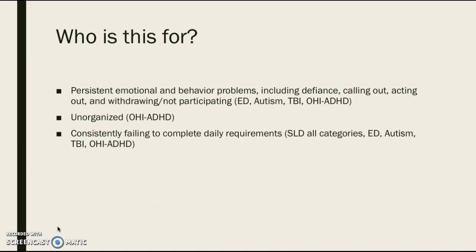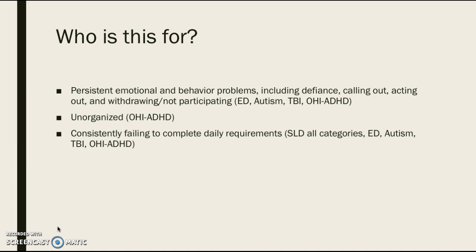Who is a daily behavior form for? A daily behavior form can be used with students with persistent emotional and behavior problems, including defiance, calling out, acting out, and withdrawing and not participating. This can be students with emotional disability, autism, traumatic brain injury, other health impairments, which includes ADHD.